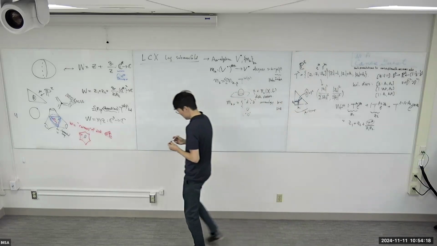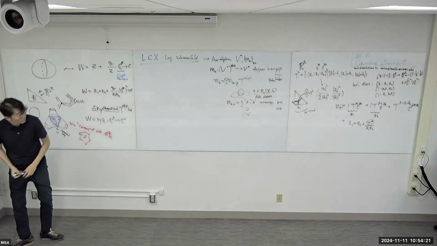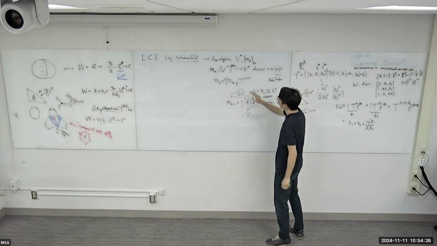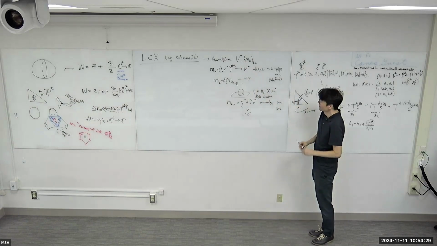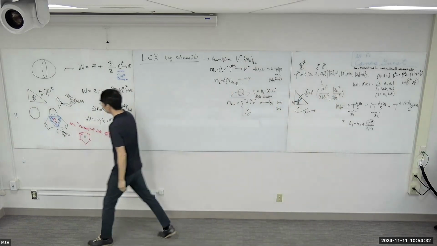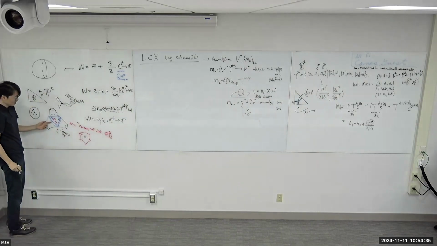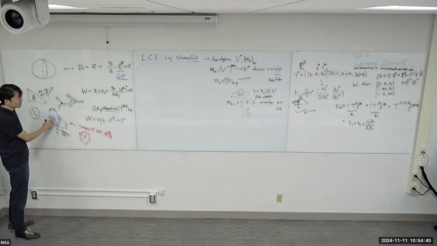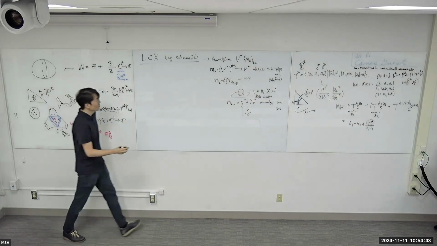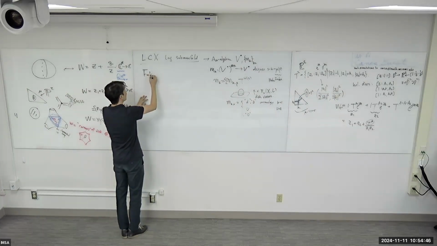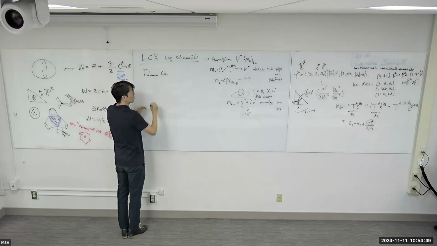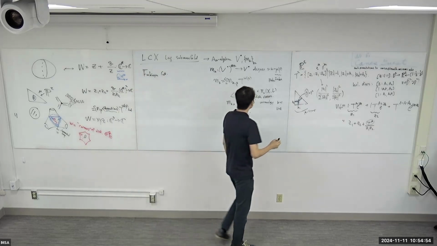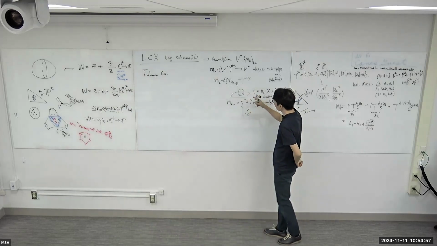So what do you mean by the disk now? Whatever is needed for different Lagrangians. So for smooth Lagrangians, it really means disk, but for immersed Lagrangians, you kind of allow corners.